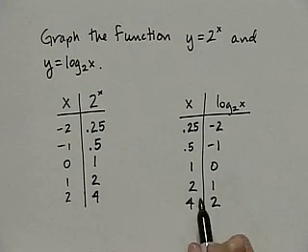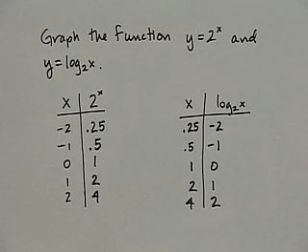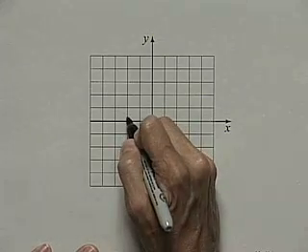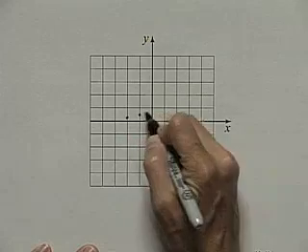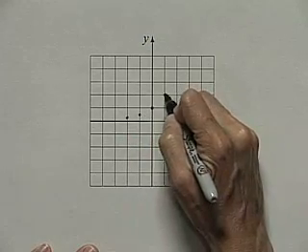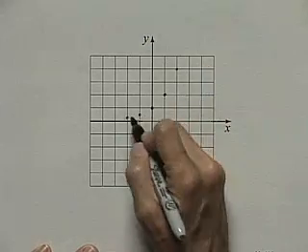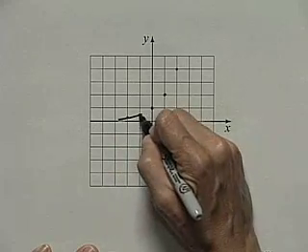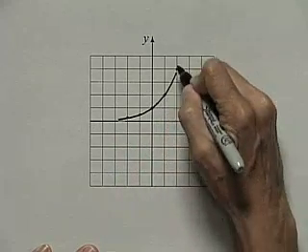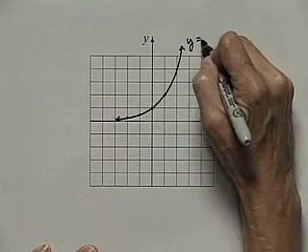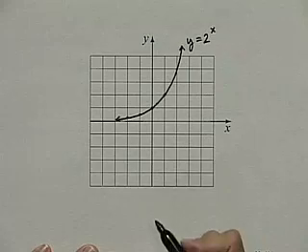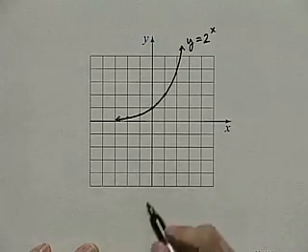And now I'm going to graph both of these and compare their graphs in the same coordinate system. So first we want to graph 2 to the x. It contained points like negative 2, 0.25; negative 1, 0.5; 0, 1; 1, 2; 2, 4. And if I connect those with a smooth curve, I have the graph of 2 to the x. Now I want to graph the other function, log base 2 of x.